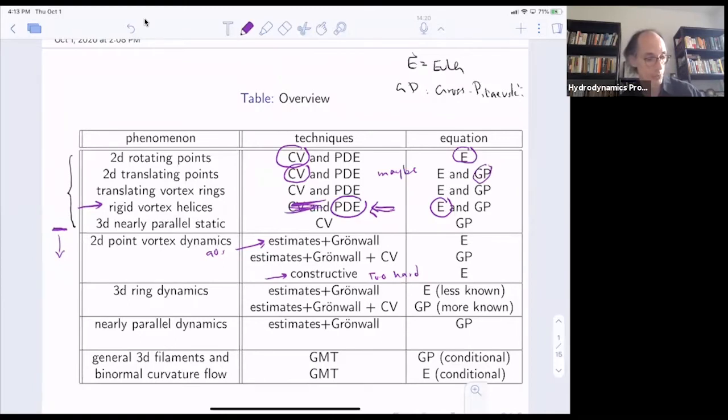Okay, and so the reason we're doing this will be as a proxy for the more interesting but more difficult and technical result on Euler. And then I'll try to do this also, a Gross-Pitaevskii result on point vortices for the Euler equation.